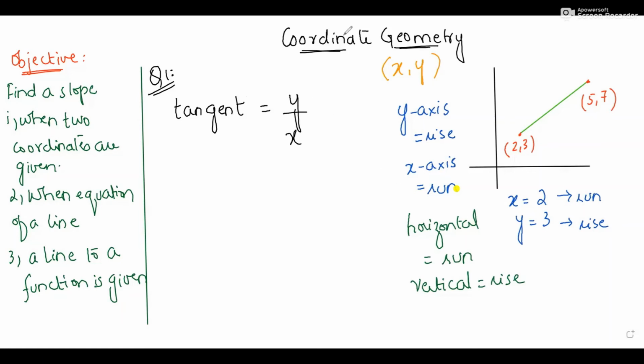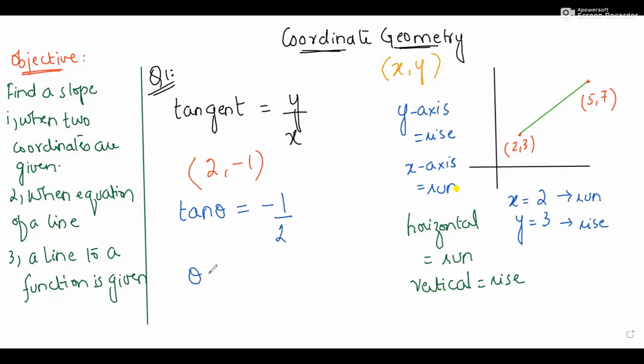You must be provided a single coordinate like (2, -1). Then simply find the value: tan theta equals y upon x, where the value of y is -1 and the value of x is 2.